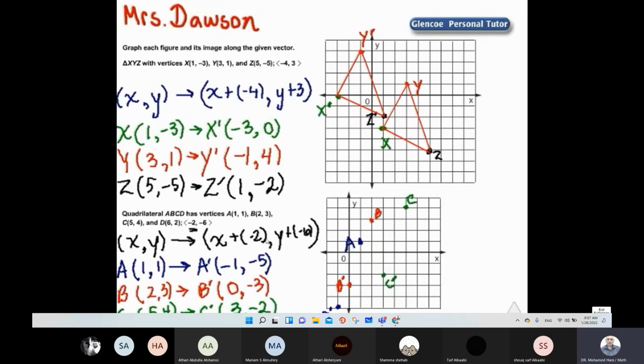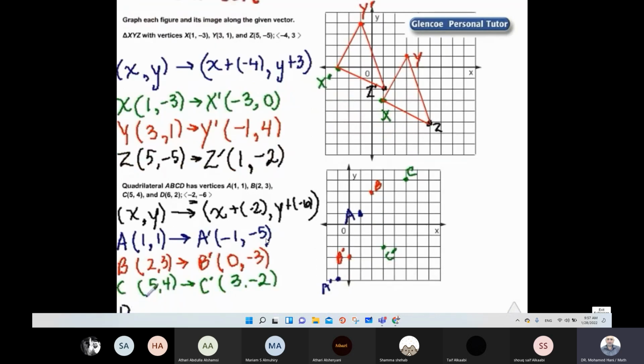And then the last point, D, was originally (6, 2). So once the translation vector has been applied, D prime is 6 plus -2, which is 4, and 2 plus -6 is -4.